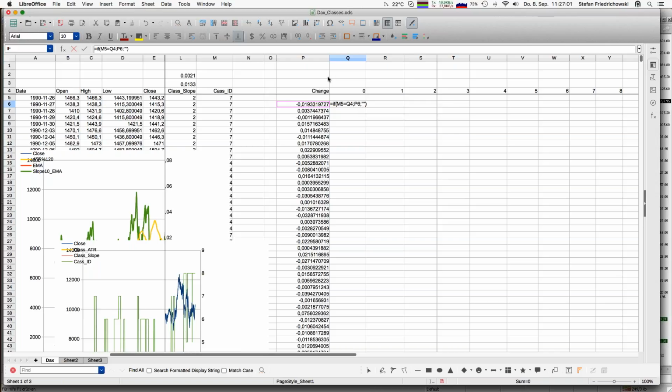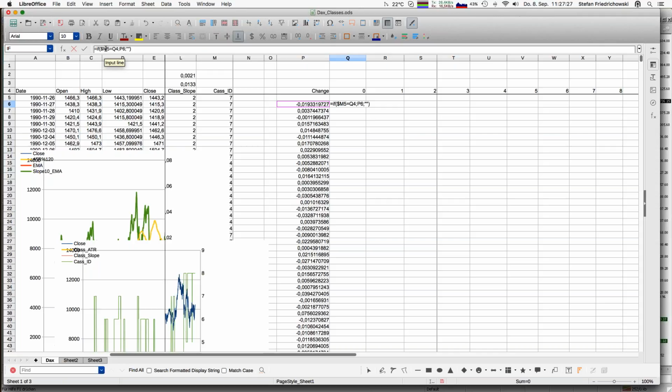Still, it's not completely ready, because I want to copy this cell to all the other ones, and therefore I have to put some dollar signs here as well. One dollar sign here, in order to always fix it to column M when I copy that cell to the right.